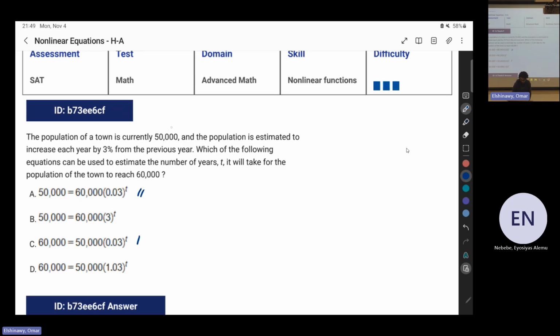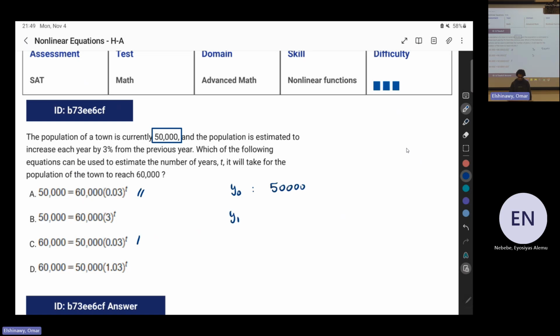So the population right now is 50,000, and each year it increases by 3%. So in year 0, the population is 50,000.